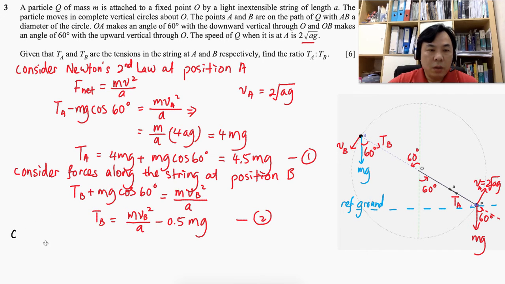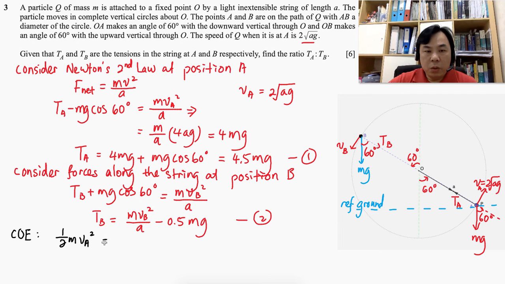Now the total energy at position A must be the same as total energy at position B here. Now at position A, since we use this as a reference, the only energy involved is kinetic energy, which is half mv squared. Since we put our reference ground here, there is no gravitational potential energy with reference to the ground that we have set up here. This is not actually the physical ground, this is just a mathematical ground.